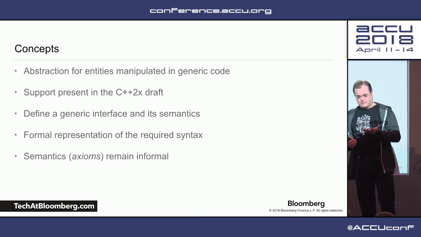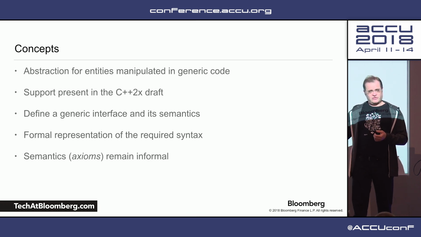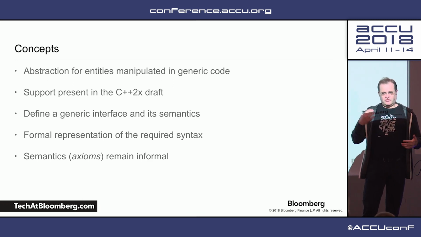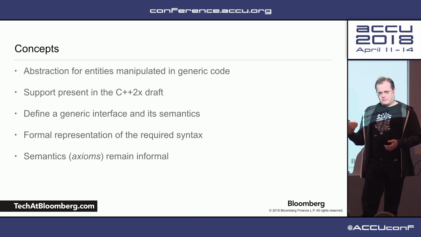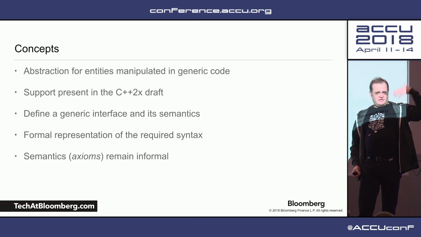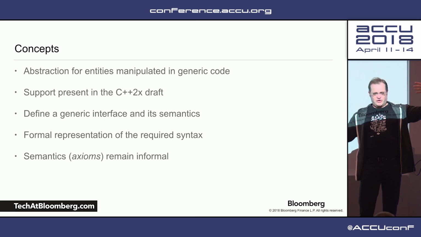A concept, this is fairly important, consists of both syntax, this is how you express operations, as well as semantics, which are associated with these operations. So it's not just the syntax. The support which gets into C++20 will only be checking syntax. You can say, does this guy follow that concept? And it checks, oh, it has these corresponding operators.